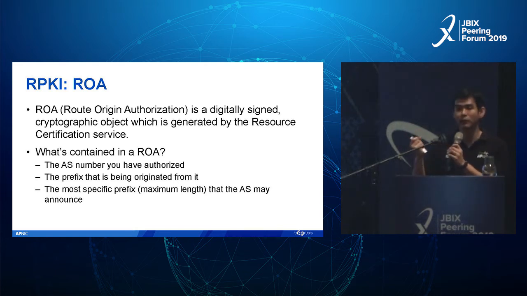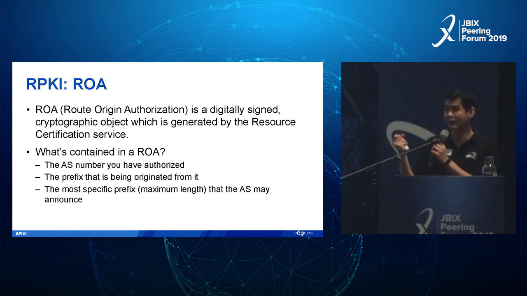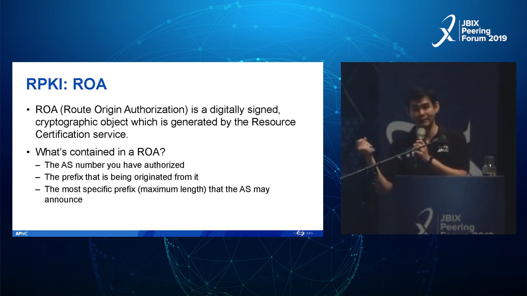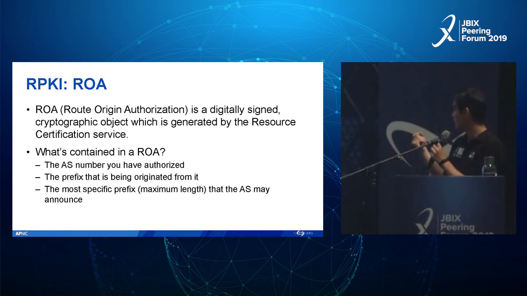In the ROA, similar to route object, it contains your AS number that you have authorized to announce your prefix. It contains the IP prefix, and it contains what we call a max length, the most specific prefix that you allow the AS number to announce.